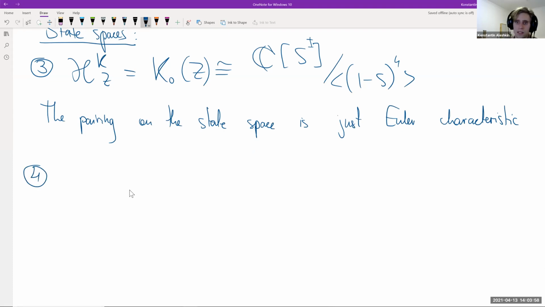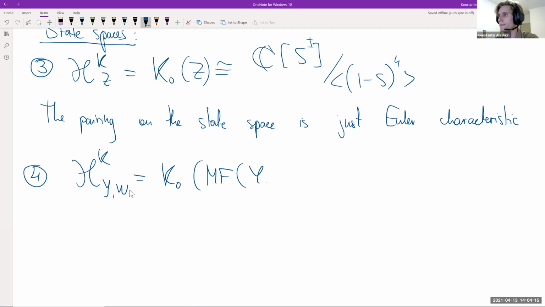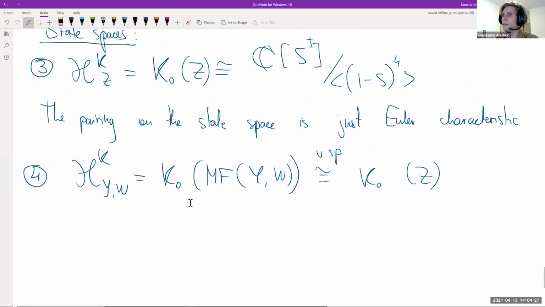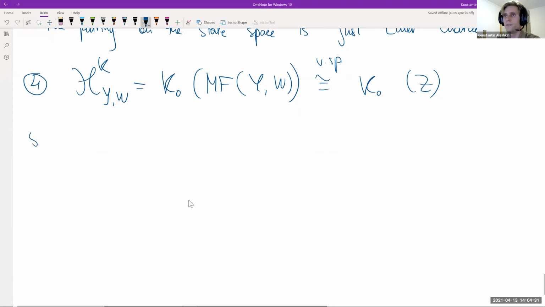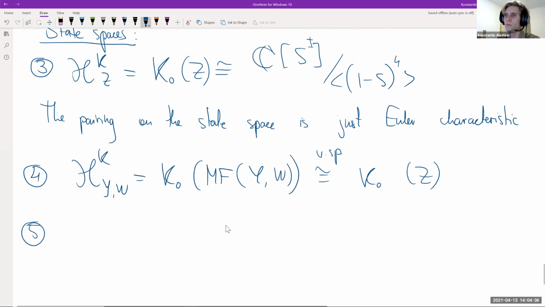For quasi-maps into the total space of O(-5) with superpotential, the state space is the K-theory of the corresponding matrix factorizations. But it turns out it is isomorphic, as a vector space, to the K-theory of Z. And for C^5 it becomes more interesting, because first of all, I'll write H-tilde of K of C^5 modulo mu_5.